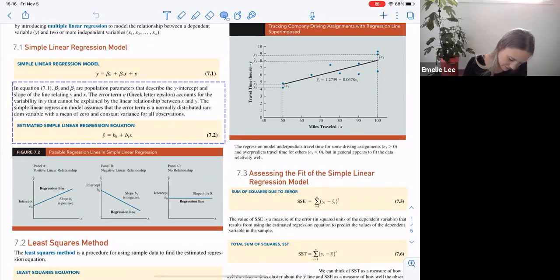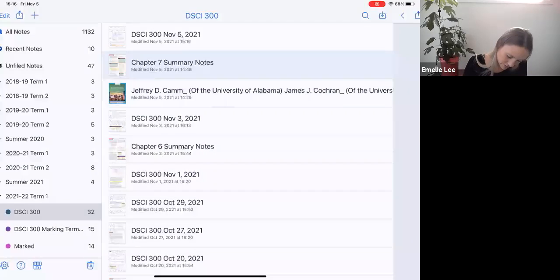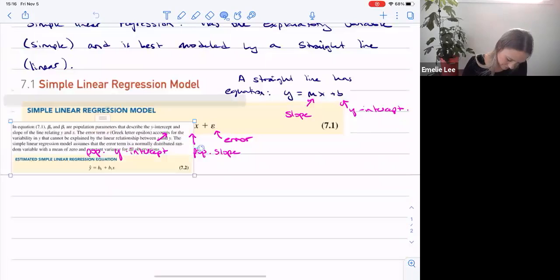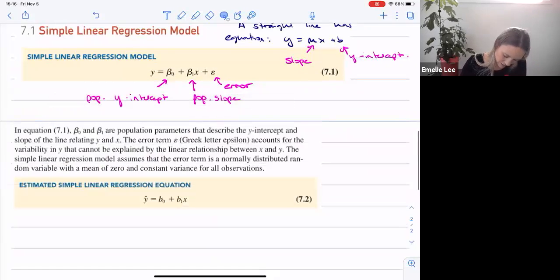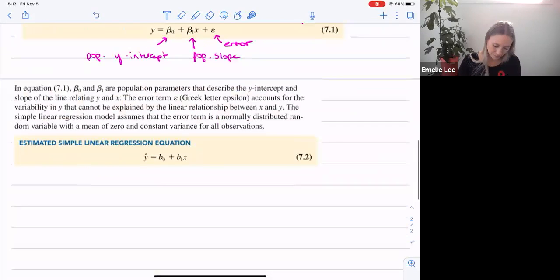So here we have y hat is b naught plus b1x. Any subscript 0, we usually read it as naught. Now this is going to be the regression equation for our sample, right?